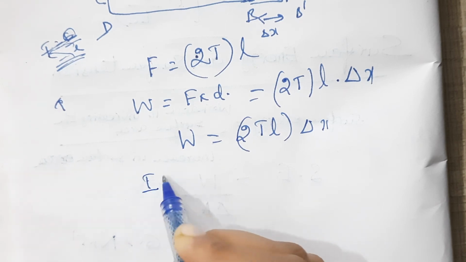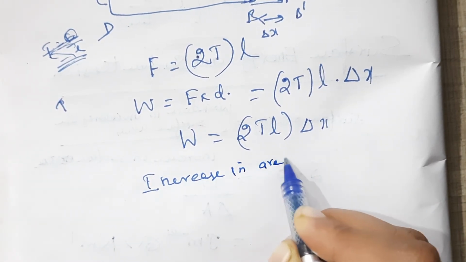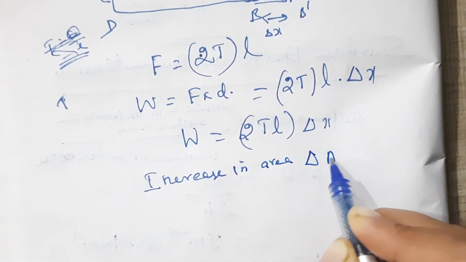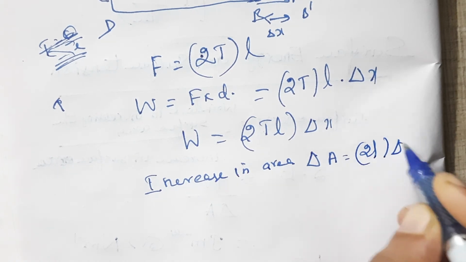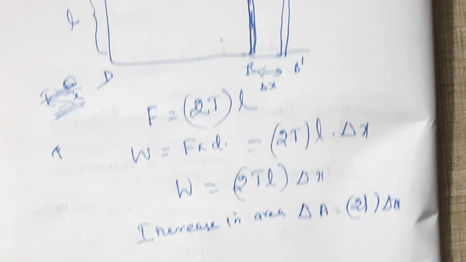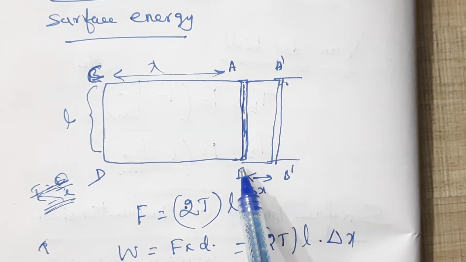Now, what is the increase in area? The increase in area, delta A, is equal to 2L into delta x. How is it 2L into delta x? Rectangle area is length into breadth. Am I right?